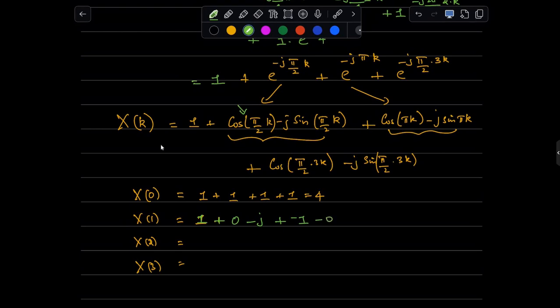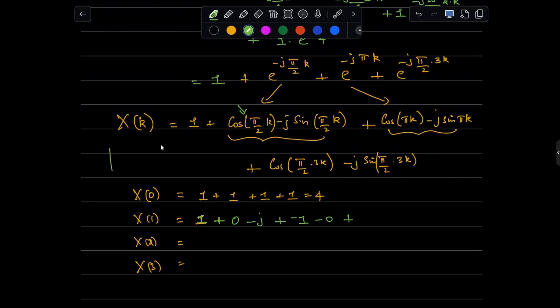So minus 0, then plus cosine of pi by 2 into 3. That means cosine of 3 pi by 2.